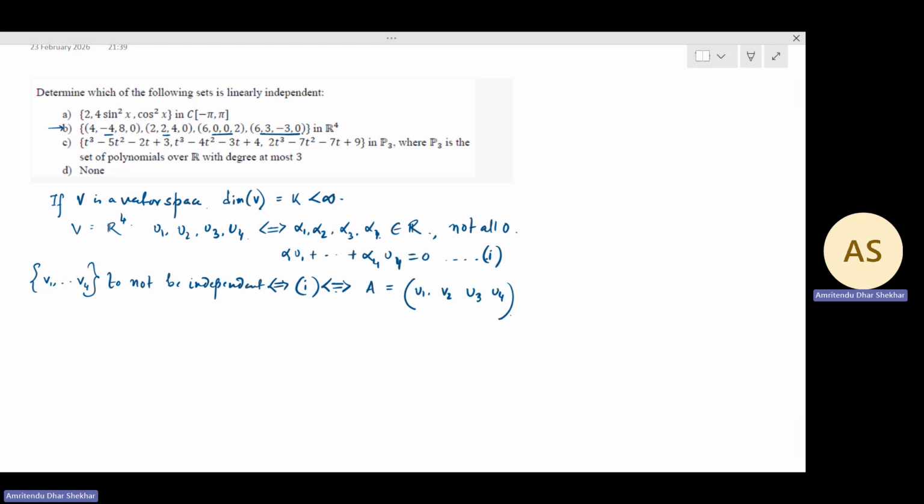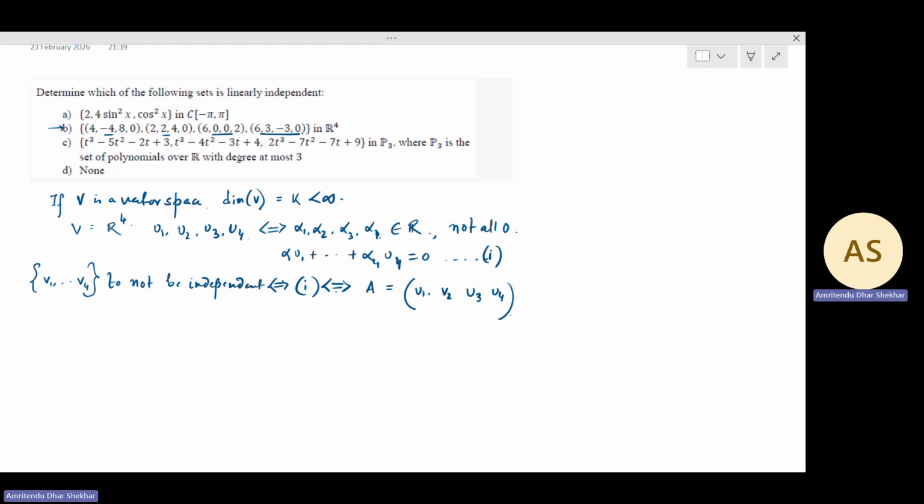So if there exist constants alpha 1, alpha 2, alpha 3, and alpha 4, not all equal to 0, then essentially what that means is that I have one column which can be expressed as a linear combination of other columns.